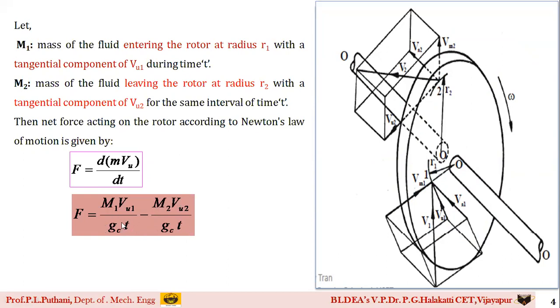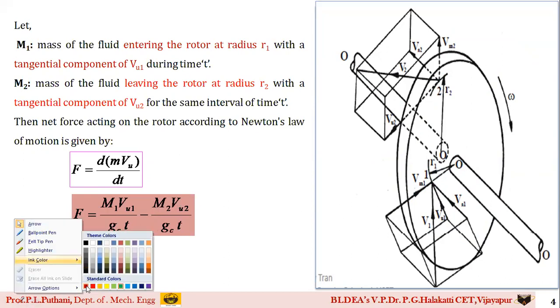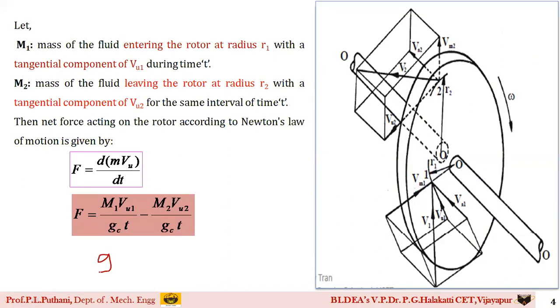Here the term gc is per unit weight. This is a small algebraic manipulation we are doing just to get the value in terms of energy per unit weight, as in terms of head itself. That is the reason we take the symbol gc. Please note that gc is not acceleration due to gravity.